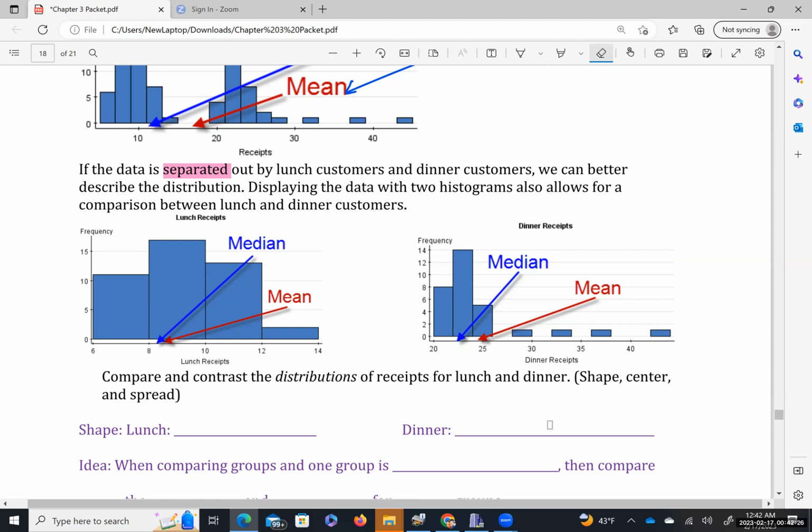So for the shape of the lunch, take a look. I would say roughly symmetric. For the dinner, clearly it's skewed to the right.